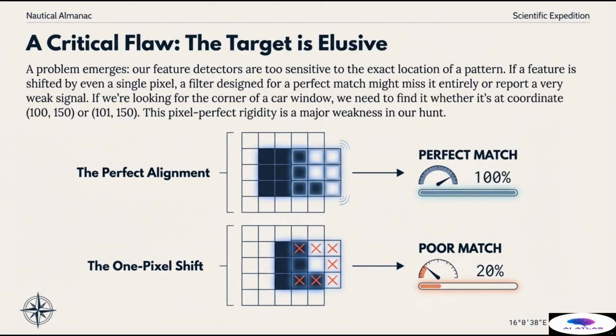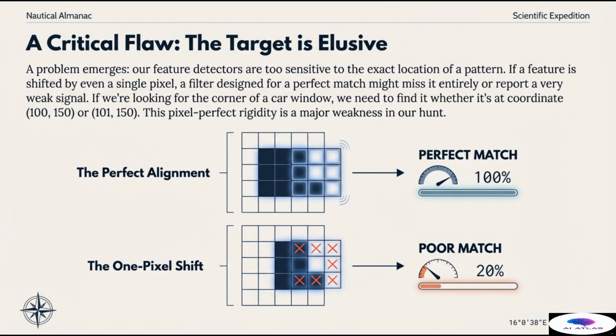But what happens if that feature, say the corner of a car window, shifts just one single pixel to the right or down? This minor spatial displacement, the one pixel shift, can dramatically reduce the correlation score, perhaps dropping it to a mere 20% or even causing the filter to miss the feature entirely. In the real world, objects are never perfectly aligned.